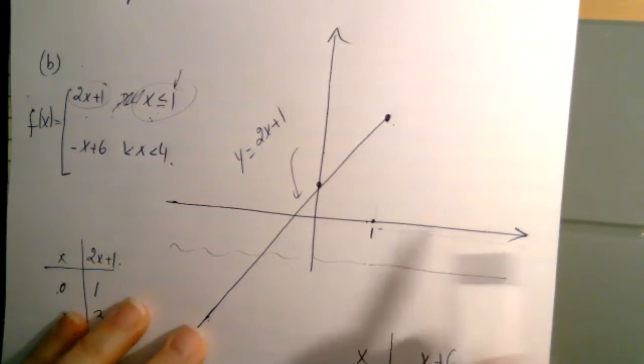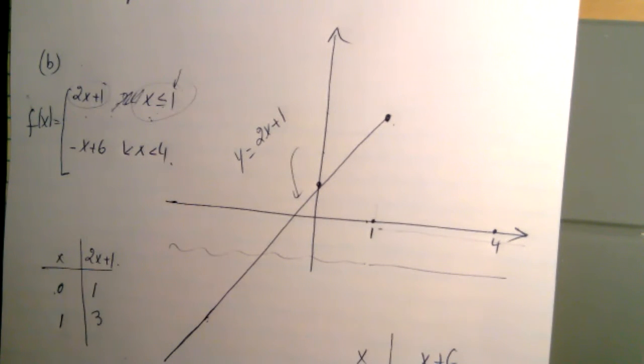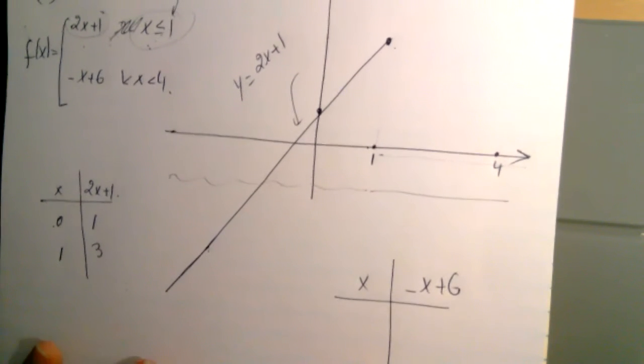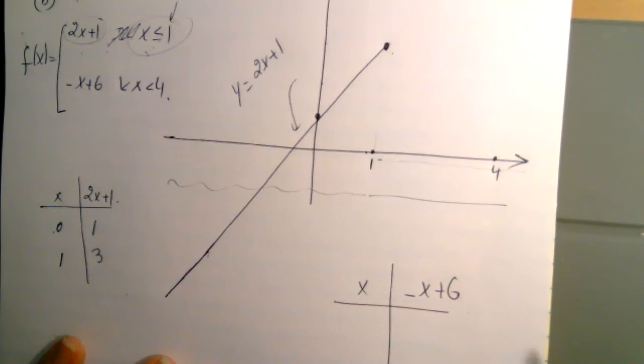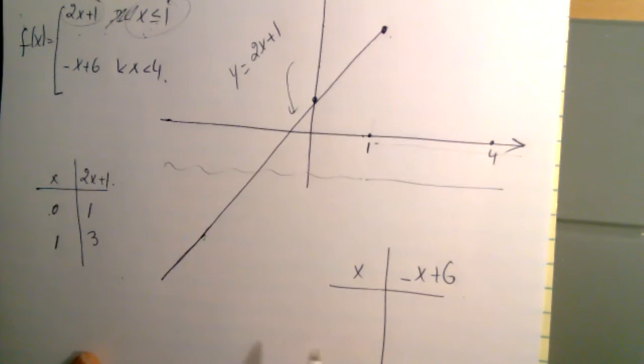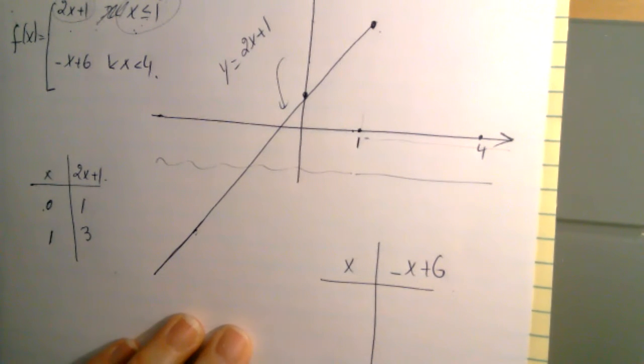Okay. Now that's different. Now between 1 and 4, I'm actually restricted. I'm not telling you for x bigger than 1. I'm telling you for x between 1 and 4. So how is it going to be? Again, it's a line. How can I graph it? We can take 2 points. Which points do you want me to take? You could do 1 and 4.